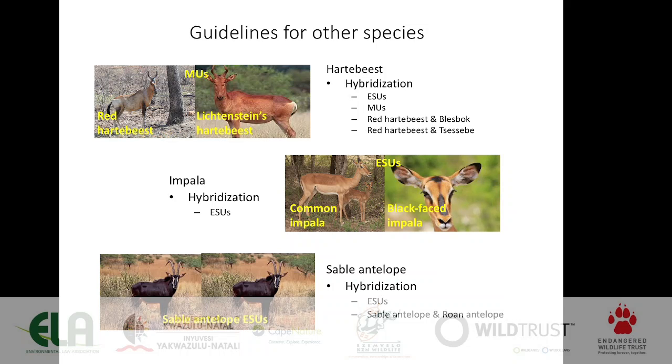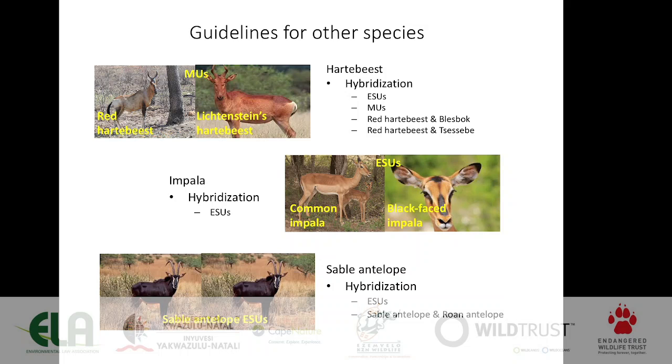For sable antelope, 5 ESUs have been identified, which corresponds to the previously defined 4 subspecies, and then a new suggested subspecies. The guidelines only focused on the southern ESU, which consisted of 3 different MUs. There is a threat of hybridization between the ESUs as well as between the MUs. Therefore, the following management guidelines were suggested.